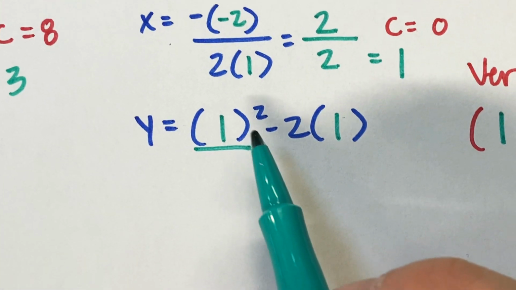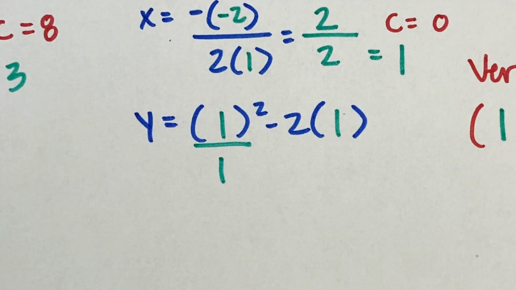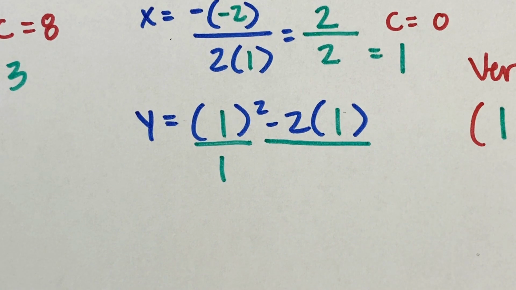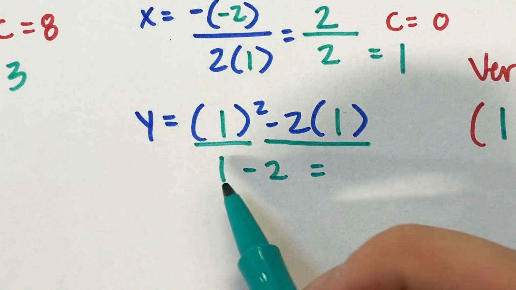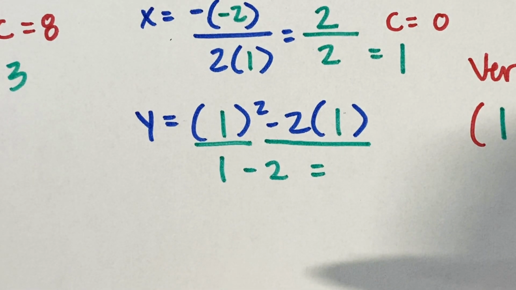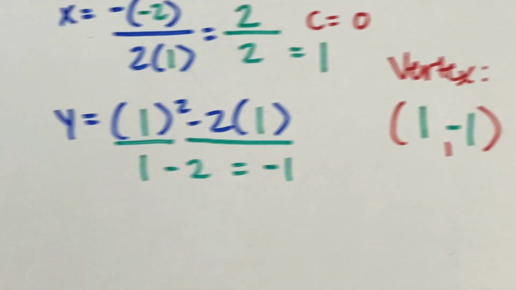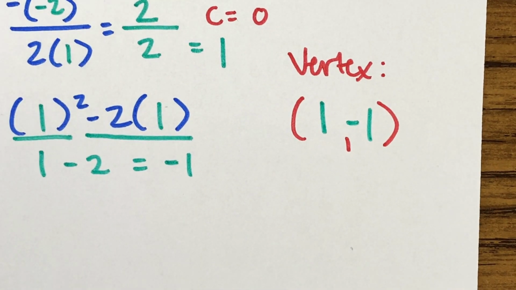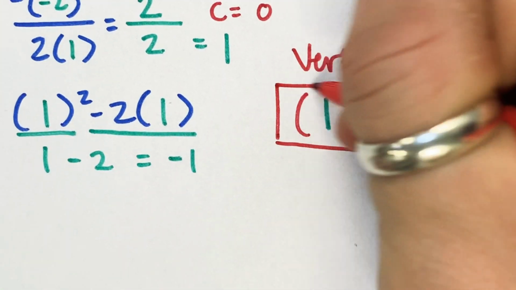Let's figure out this part first. 1 times 1 is just going to give me 1. What is negative 2 times 1? Negative 2. What is 1 minus 2? Negative 1. So we found that our y part of our vertex is negative 1. So our final answer, our vertex, is 1, comma, negative 1.